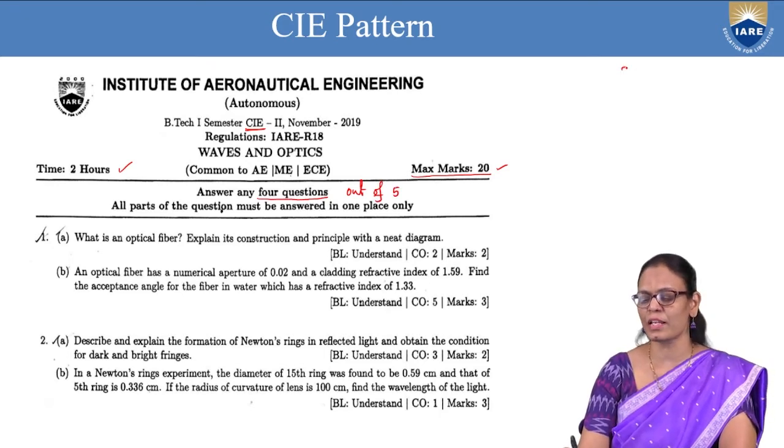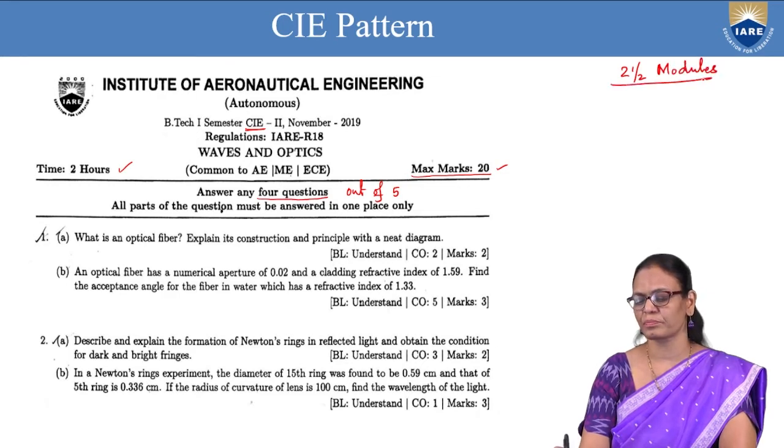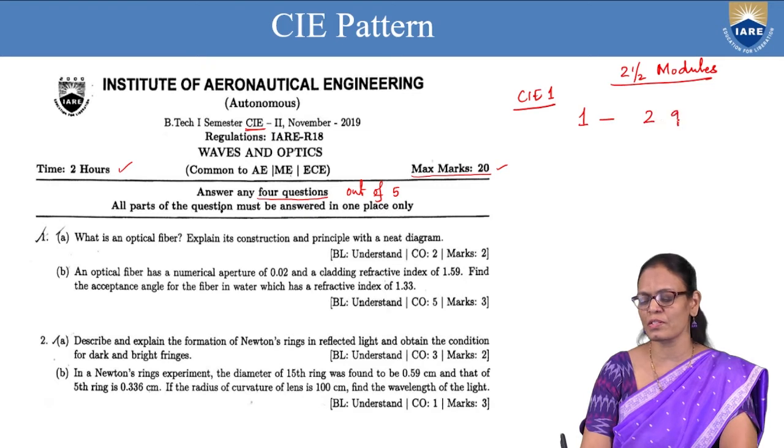I told you the syllabus will be 2.5 modules. For CIE 1, from module 1 you will have 2 questions. From module 2, you will have 2 questions.